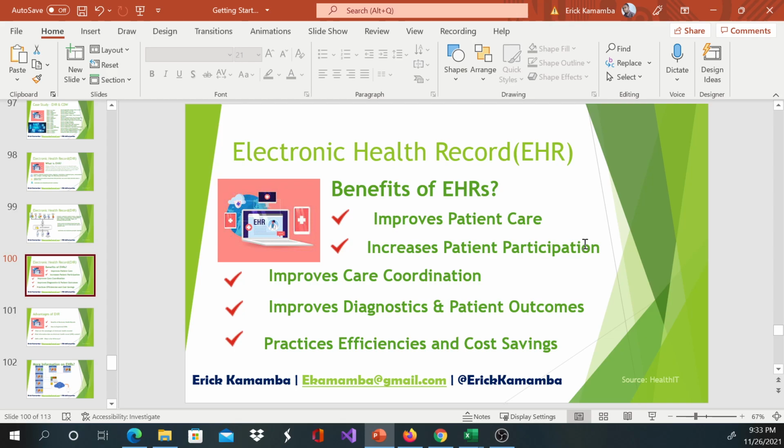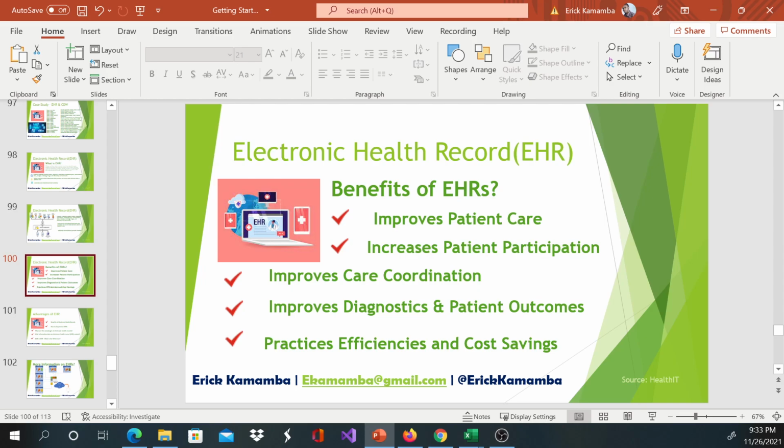Increases patient participation. Okay, improves care coordination, improves diagnostics and patient outcomes, and practices are efficient and cost saving. Okay.